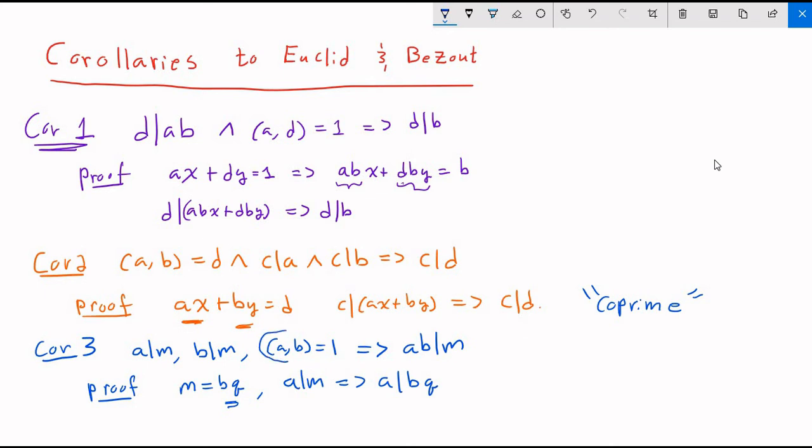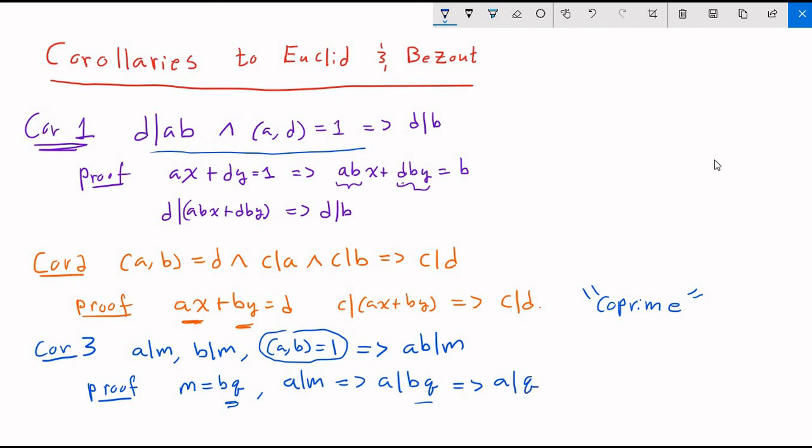But the GCD of a and b is equal to 1. So by our first corollary, we know that since a divides b times q and the GCD of a and b is 1, it must be the case that a divides q.